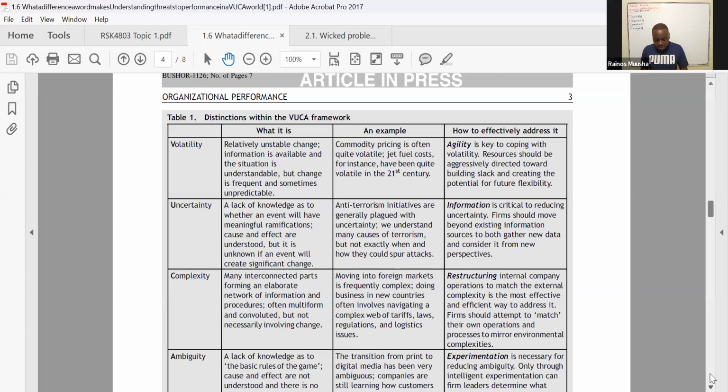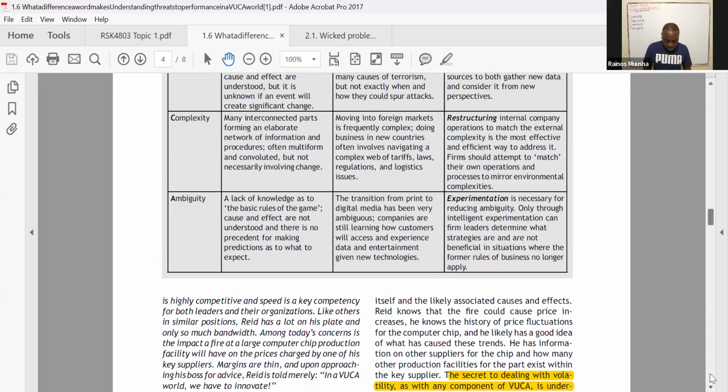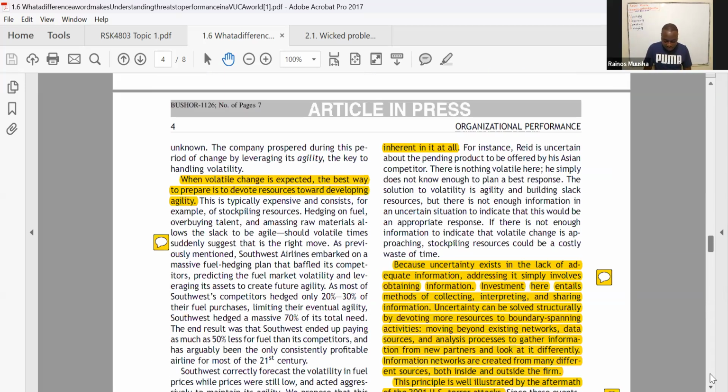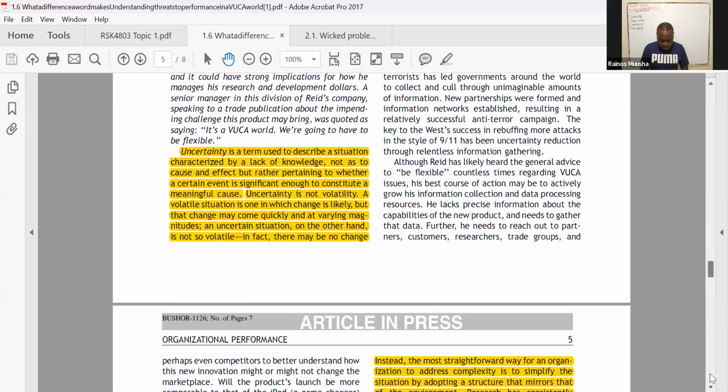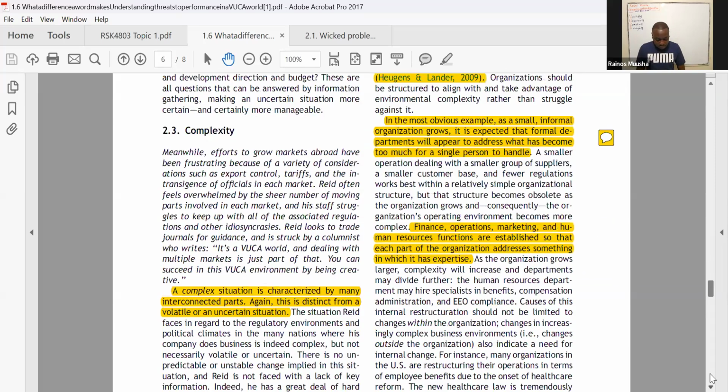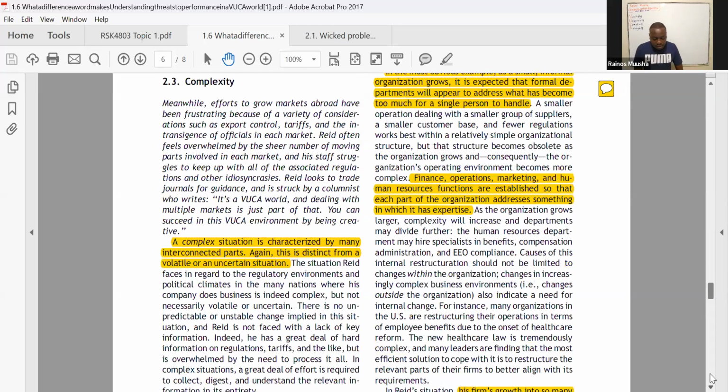All right. We move on to the next acronym, which is complexity. Now, when you look at complexity, they say a complex situation is characterized by many interconnected parts.